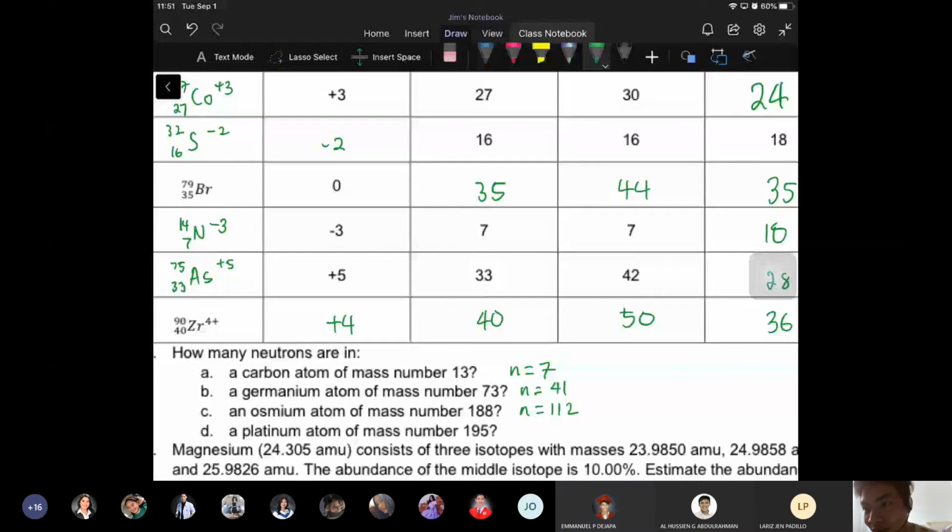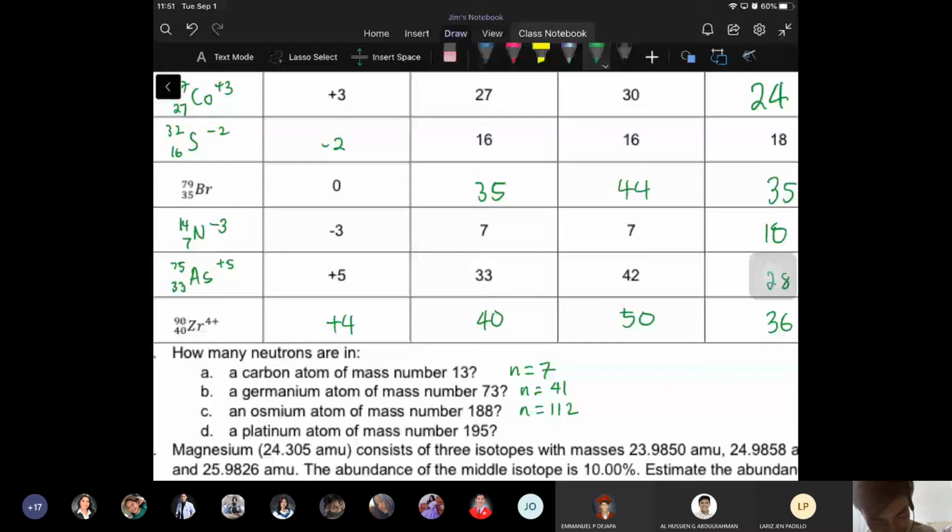And last one, letter D. Last one, letter D. Sige, si ano na lang. Sabihin niyo kung stop pa. 1, 2, 3. Ayan, si Maricon. Si Maricon.